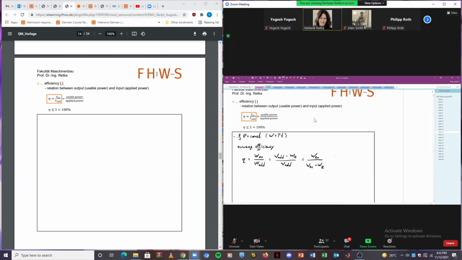Of course, only true in steady state, meaning that the energies stay constant: potential, kinetic, and spring energy.